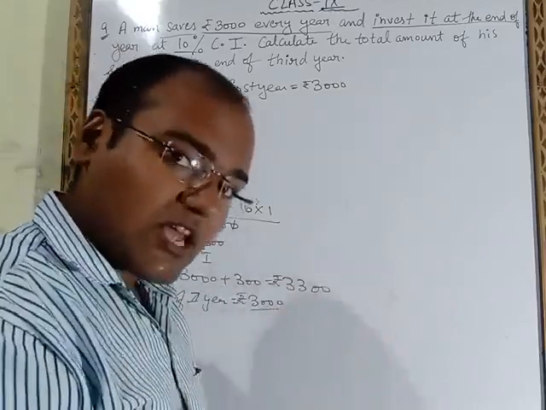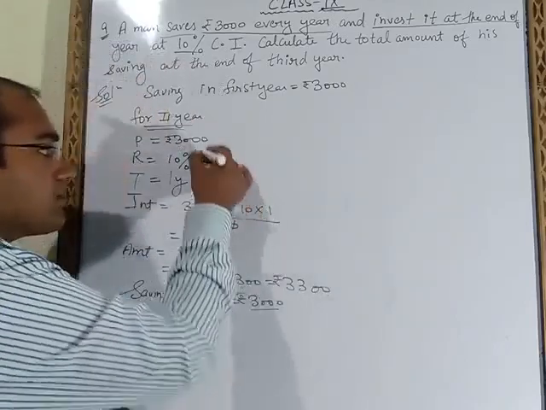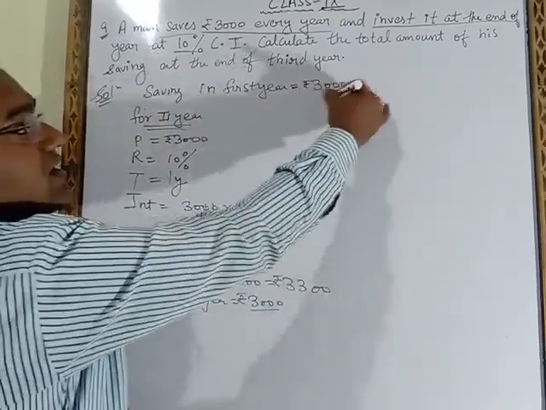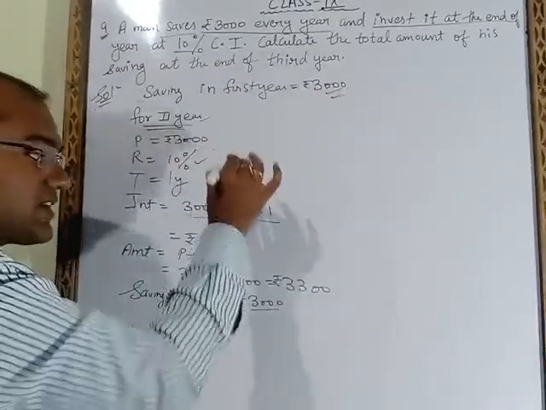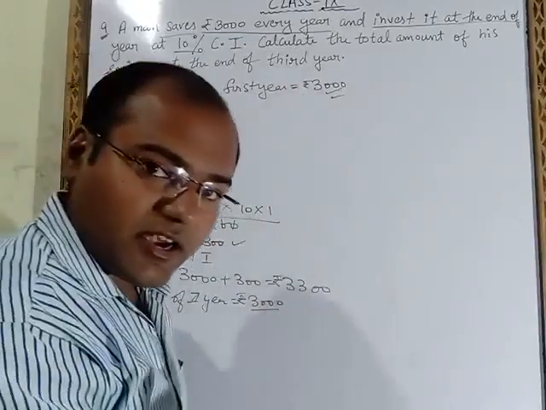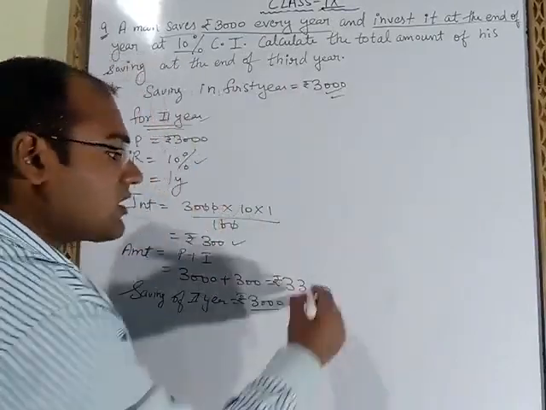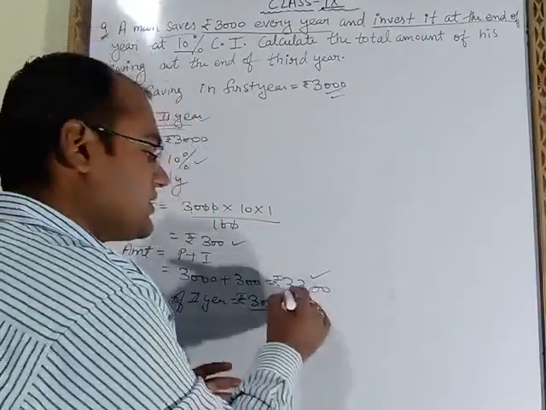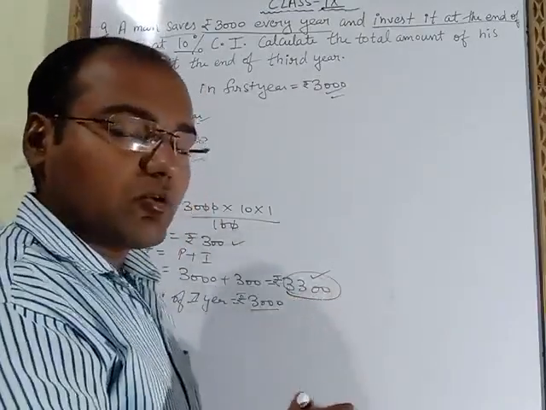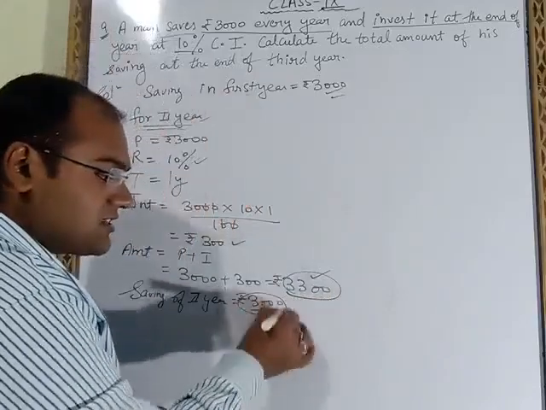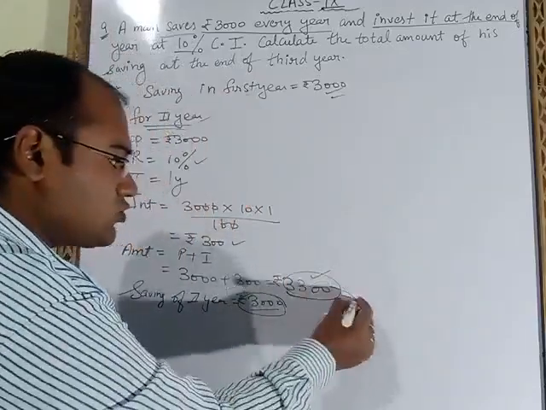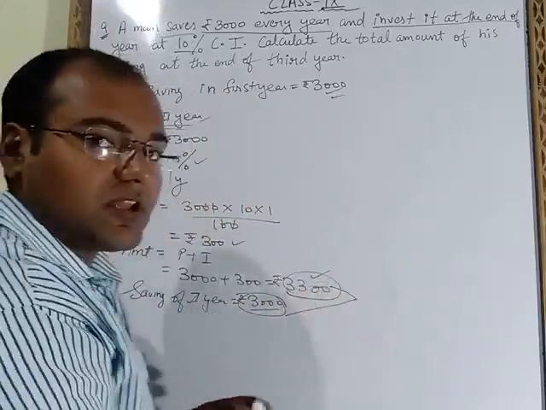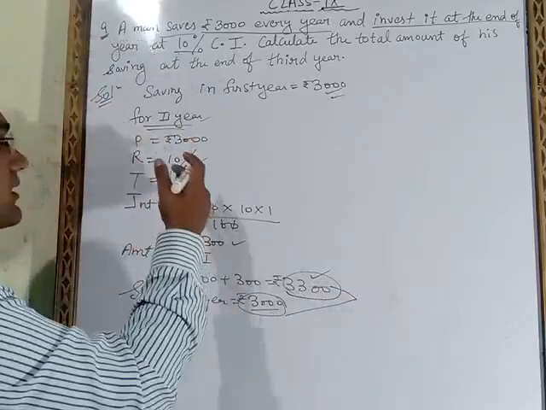He is saving that himself, and the previous year's saving he had invested at 10% and he earned 300 rupees. So how much amount he got? He got 3300 rupees. So this is the amount which he got through his investment, and this is his saving. Now these two together will become the principal of the next year.